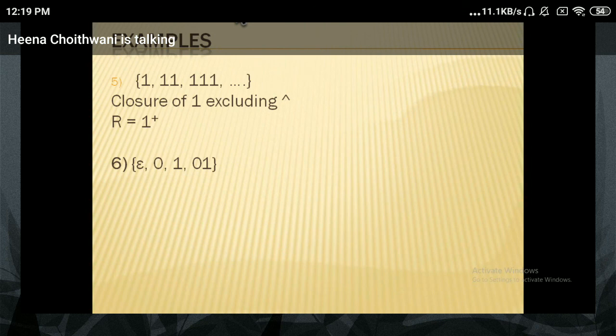What about 0 and 1? What about the last symbol, 01? Since that is nothing but the concatenation of 0 and 1, can we merge the first two expressions which we have generated just now, epsilon plus 0 and epsilon plus 1?